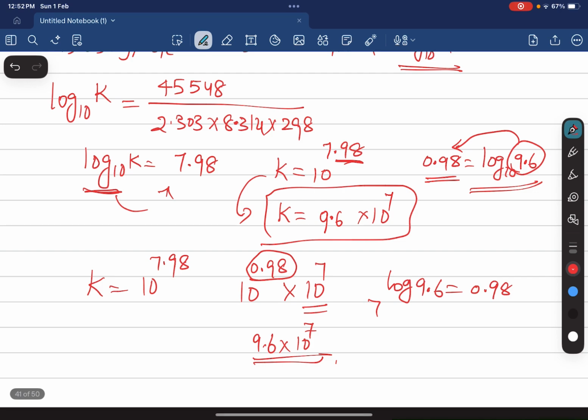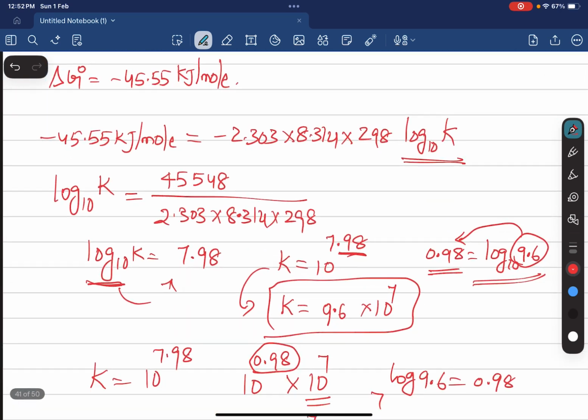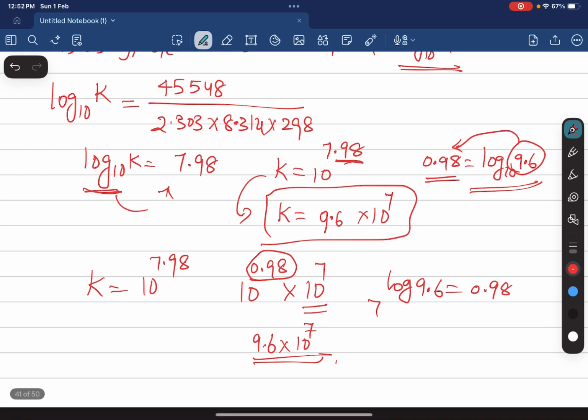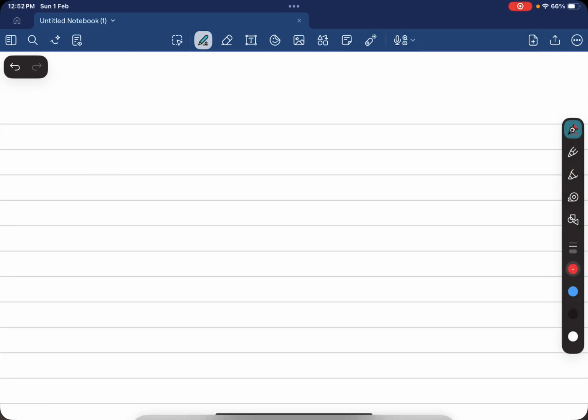See here once again, log base 10 K equals 7.98. How to simplify this?